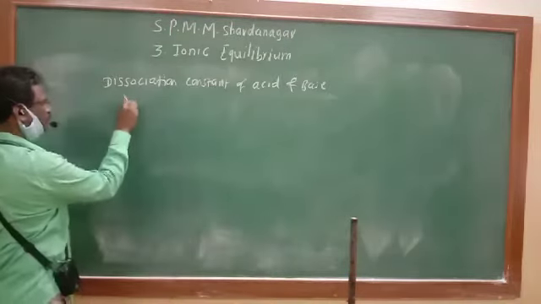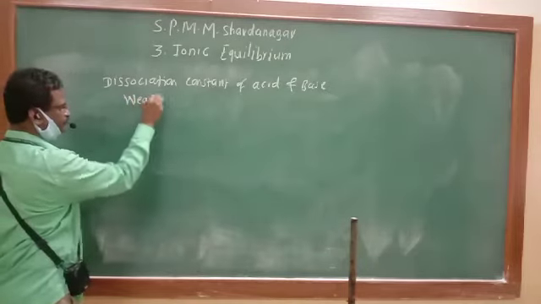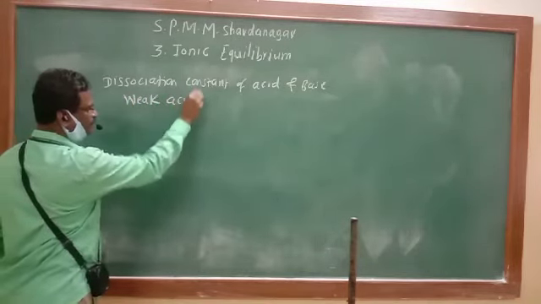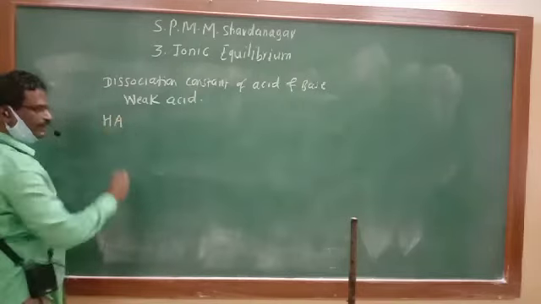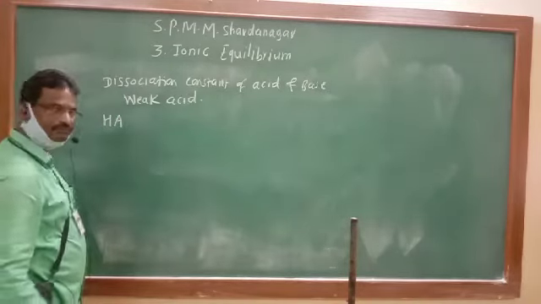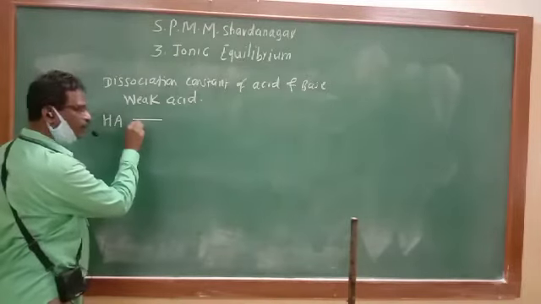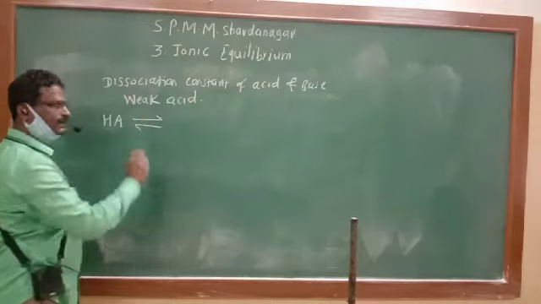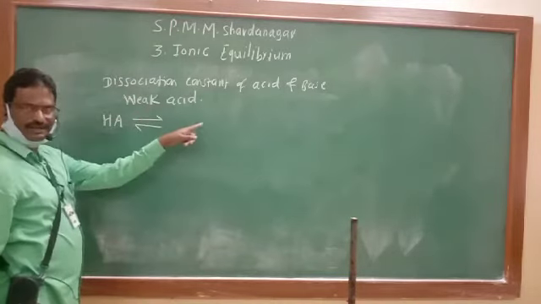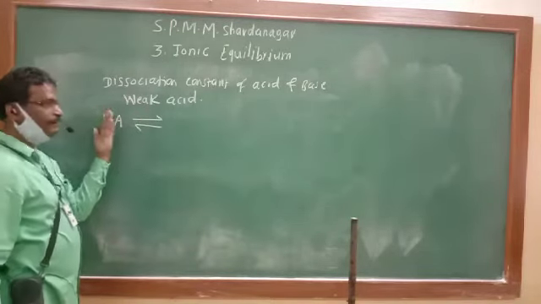So let us consider weak acid. Dissociation constant of weak acid. Let HA be a weak acid. Is it undergoing reversible or irreversible dissociation? Reversible dissociation. Forward reaction is possible as well as backward reaction.